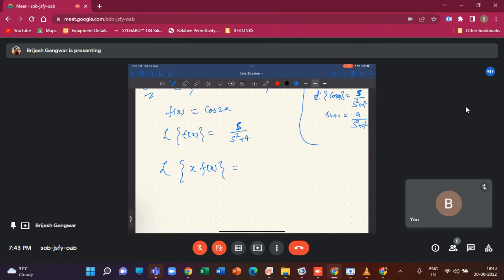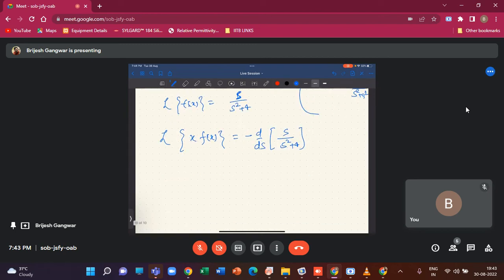So x into f of x will be minus d over ds of s upon s square plus 4. Now you have to differentiate it.